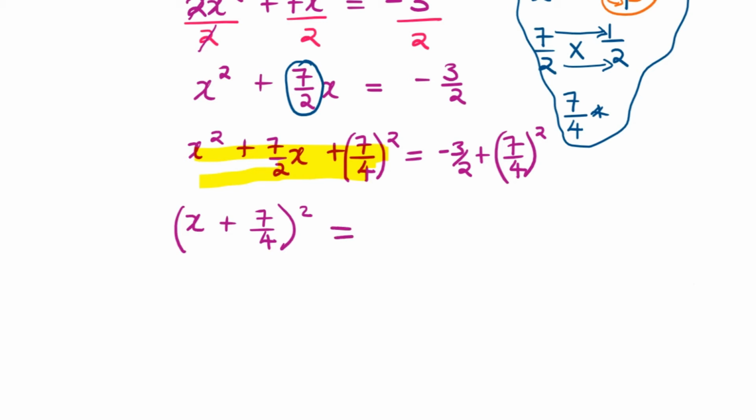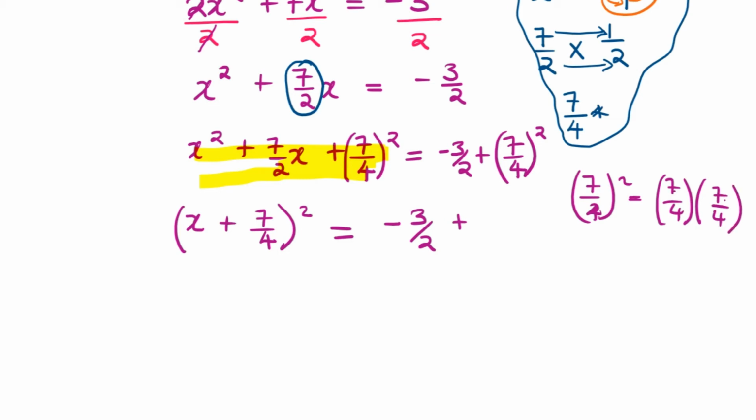Then this side, we have negative 3 over 2, then plus 7 over 4 squared, which is 7 over 4 times 7 over 4. We are multiplying 7 times 7, which gives us 49, and 4 times 4, which gives us 16.